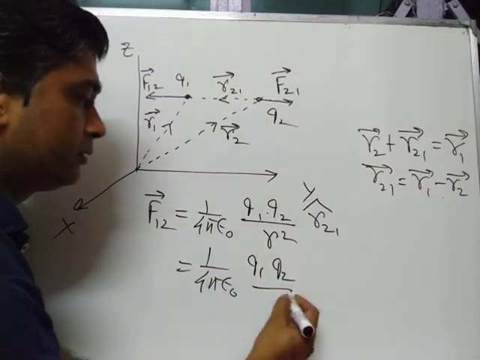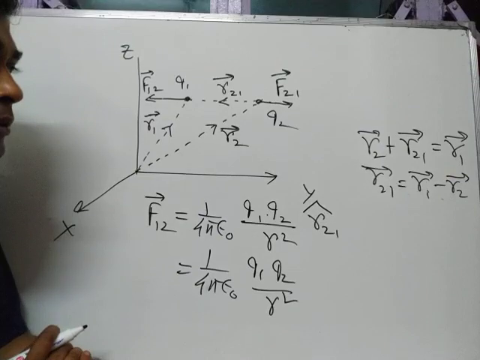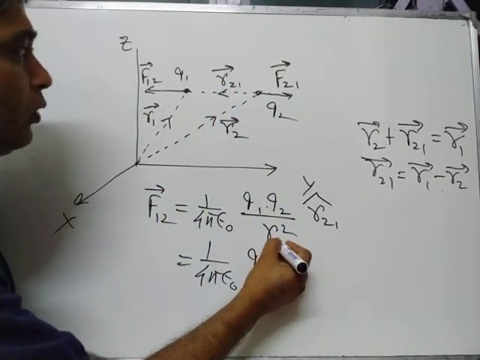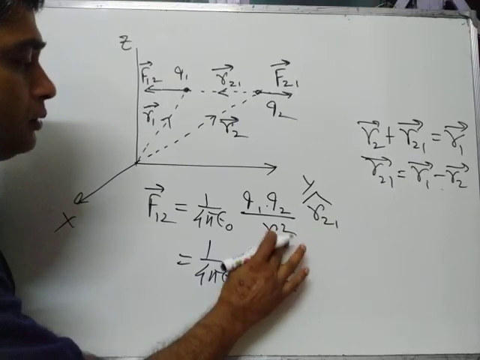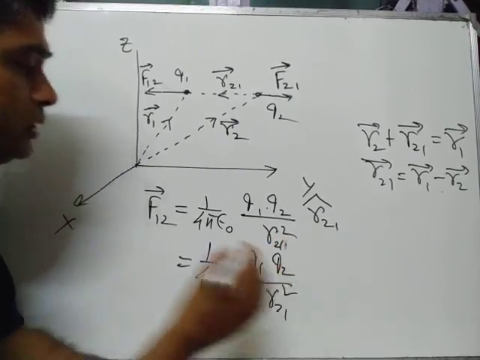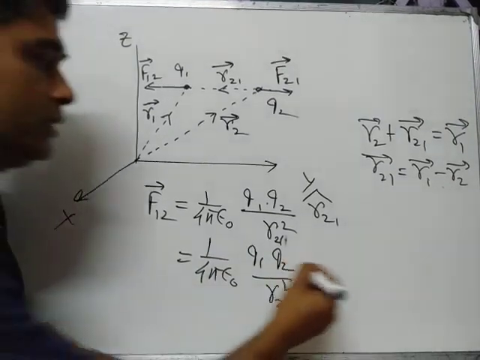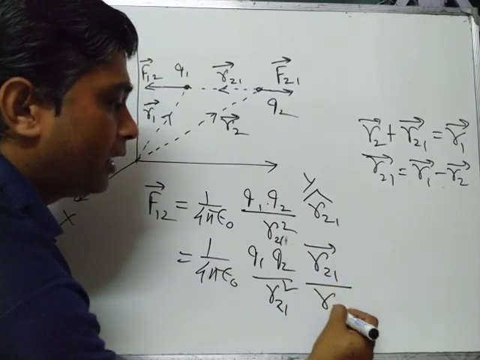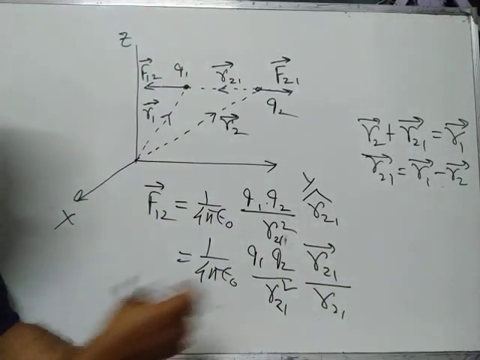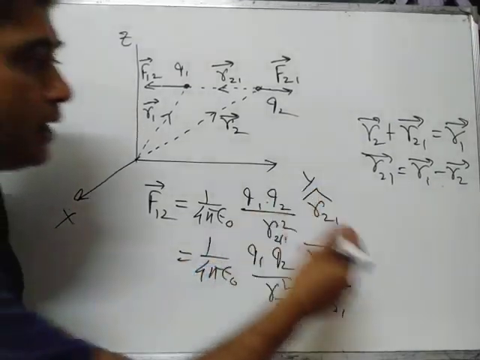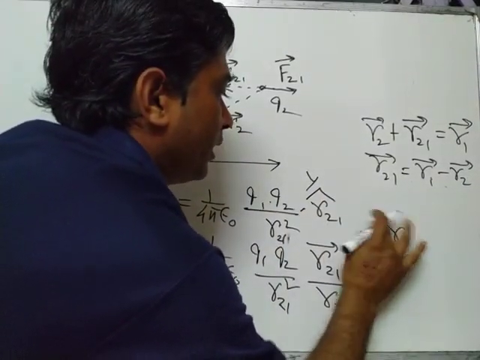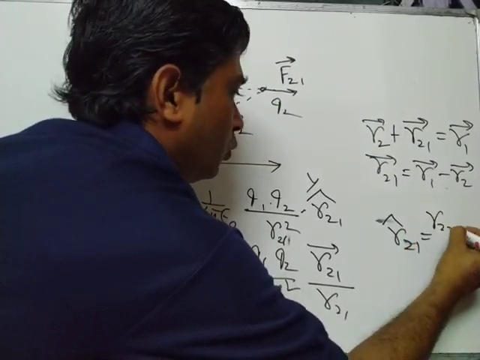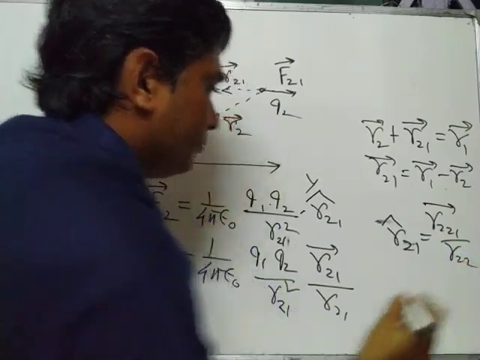This unit vector r21 cap is the vector r21 divided by its magnitude r21.